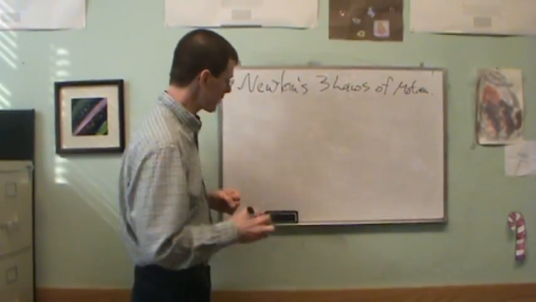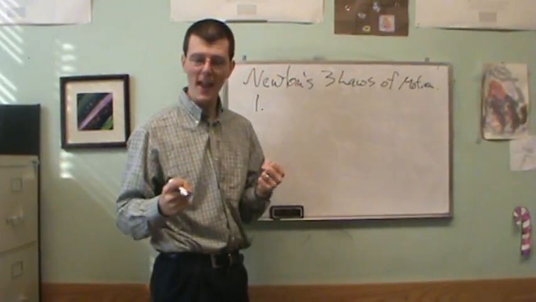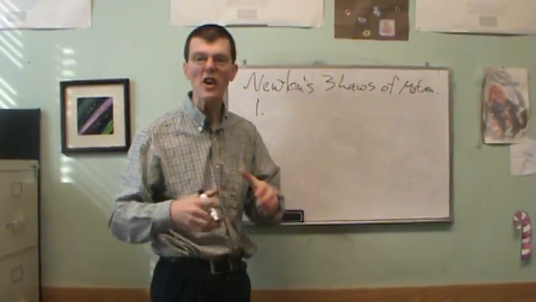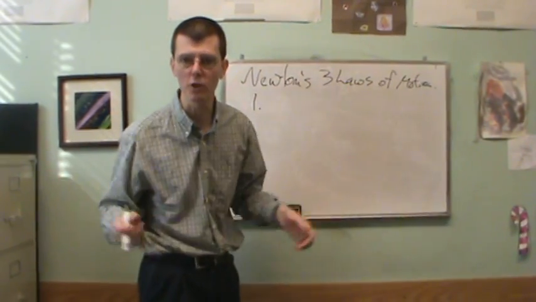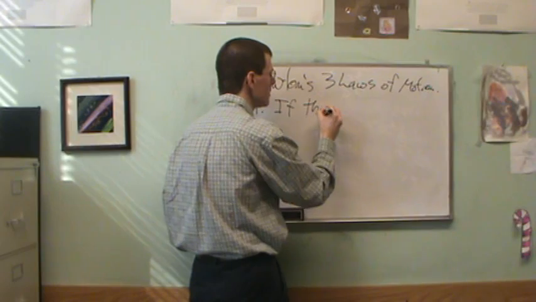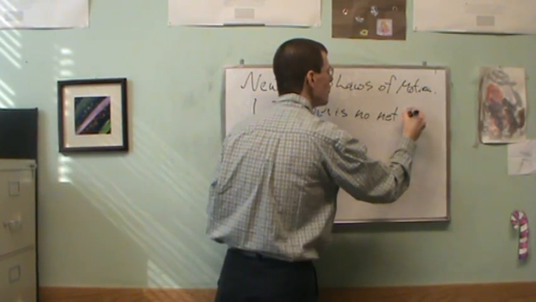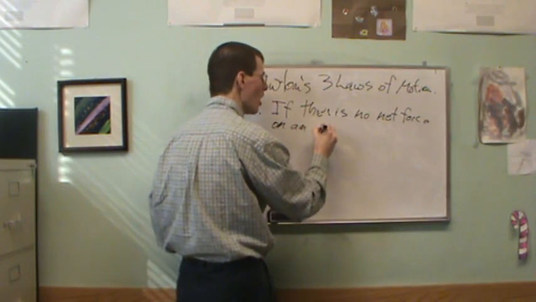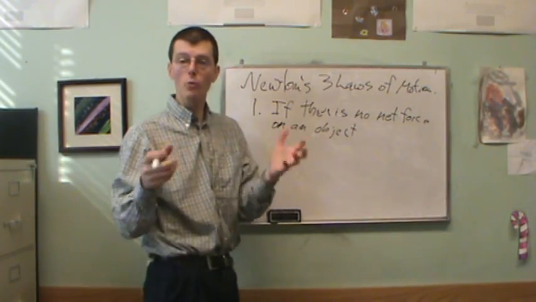So, Newton's first law is the law of inertia. The essential idea of the first law is to explain how things will move if there's no net force on them. If there's no force at all, or if you add up the forces and they all sum to 0. If there is no net force on an object, what Newton says is it will move in one of two ways.